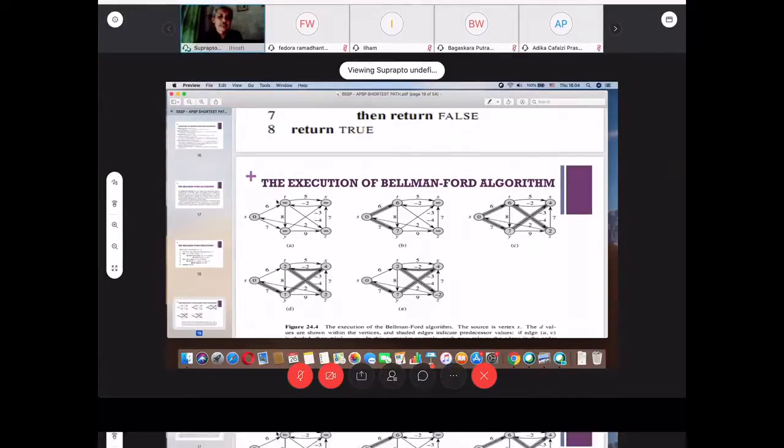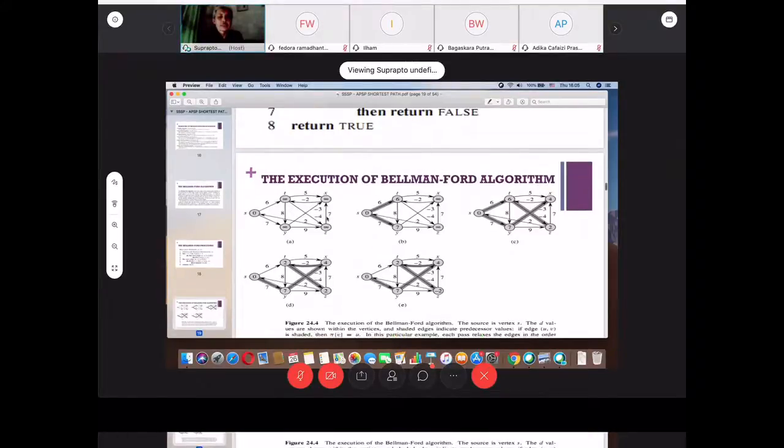For instance, S to T, T to S, S T Y, and then there is a cycle S T, and from T X back to T. There are many cycles, right?